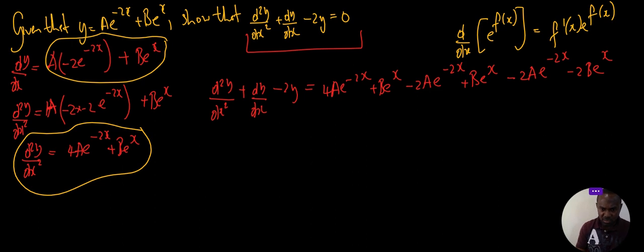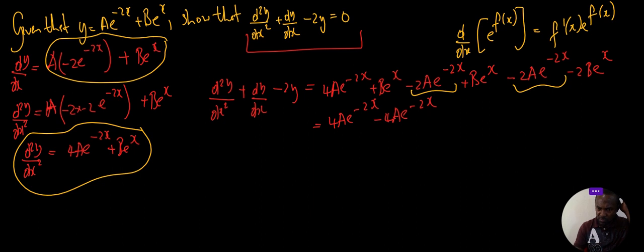So we see that essentially what we have is this. For the a terms, we have 4a e to the minus 2x. Then of course these two, we have minus 2a e to the minus 2x and minus 2a e to the minus 2x. So those two combine to give us minus 4a e to the minus 2x, right?